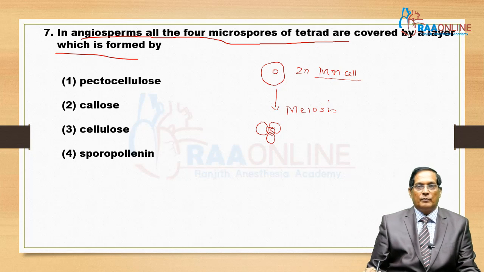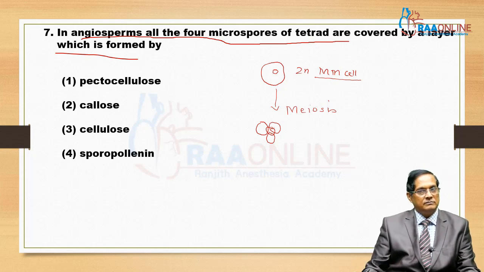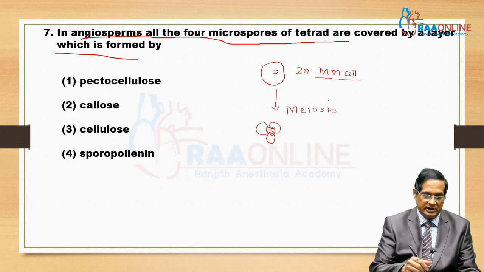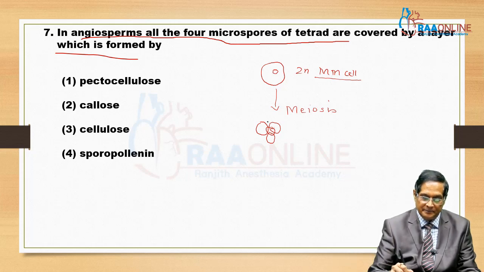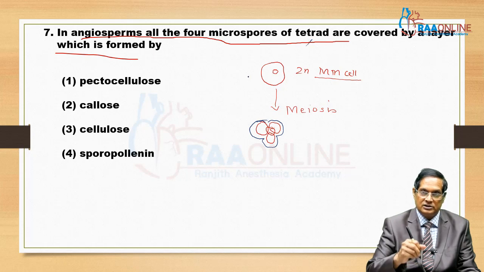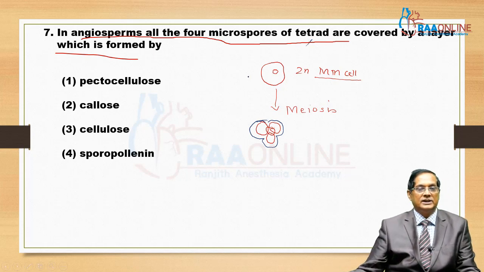The group of 4 microspores is known as a microspore tetrad or pollen tetrad. Initially, all 4 microspores are covered by a layer, and this layer is known as callose.